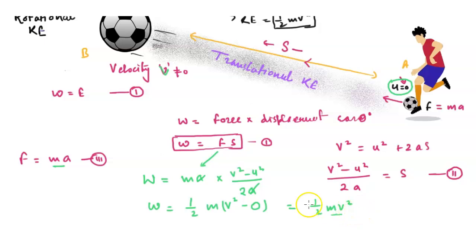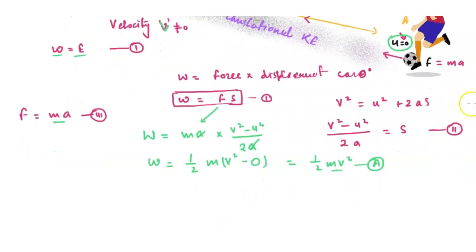We can call this equation A. Now we have already said that energy is nothing but the capacity to do work. So instead of writing work, we can write kinetic energy, which equals work, which is half mv square.